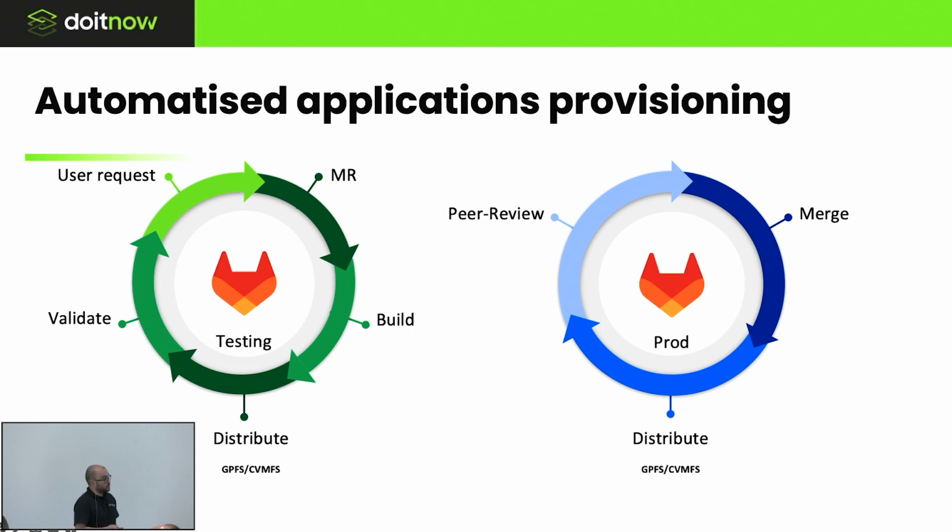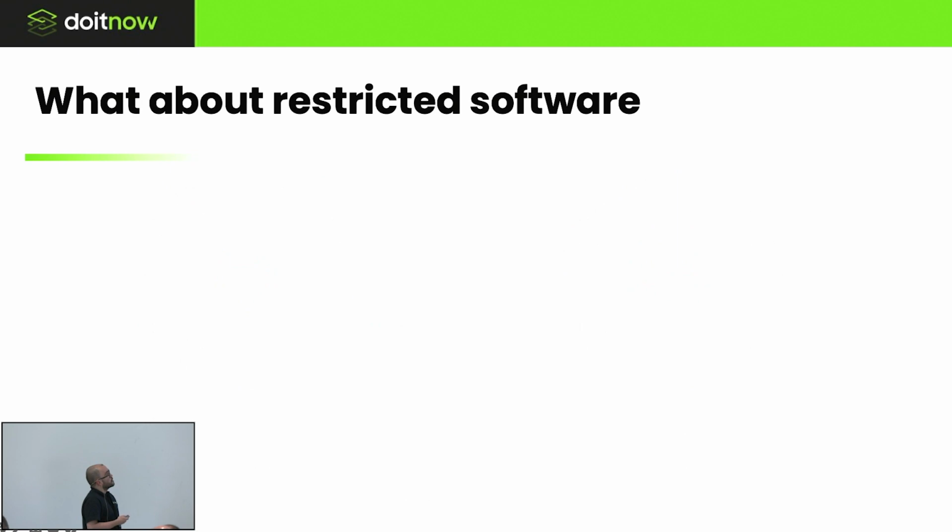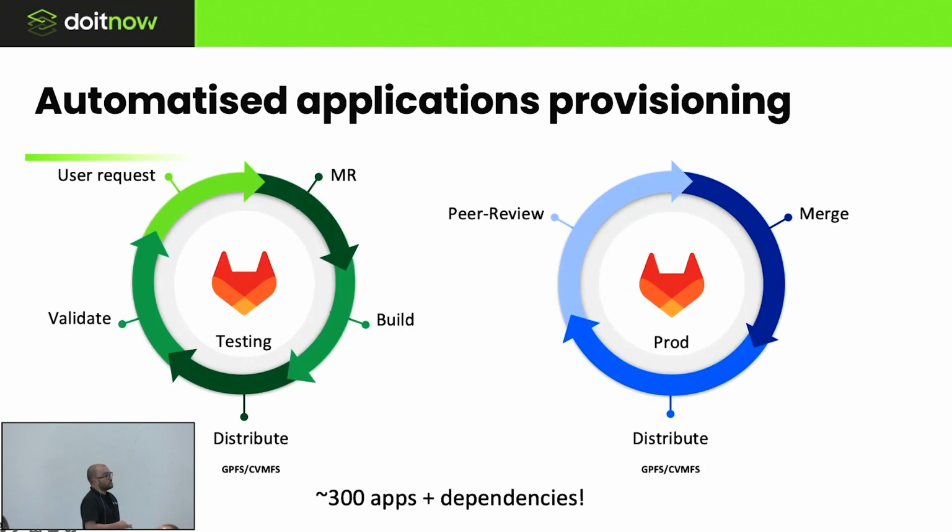If needed, it's removed. With this pipeline, we have deployed 300 applications plus dependencies, so it's close to 1,000 applications. And this is really helpful for the scientists. They have been using this for 3 years, and they are really happy with it.